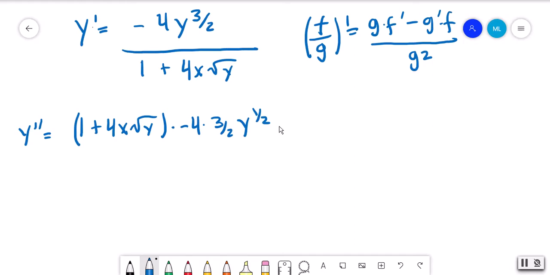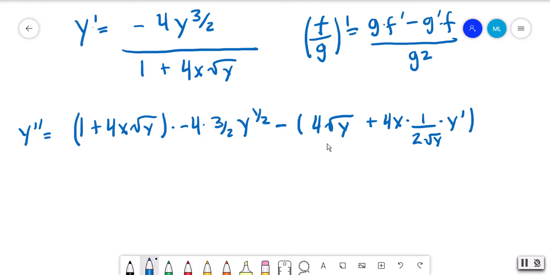And then from there, this is going to be minus the derivative of the denominator. The derivative of the denominator is 4 root y, plus 4x multiplied by the derivative of the square root of y, which is 1 divided by 2 root y, but you have to tag on a y prime to it.